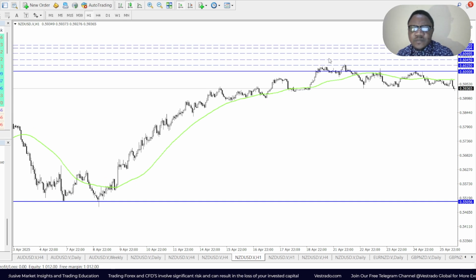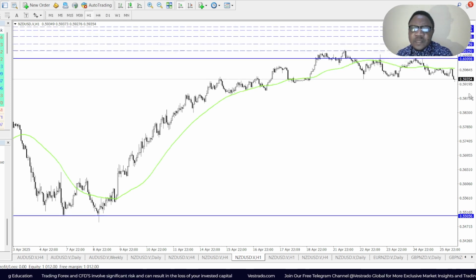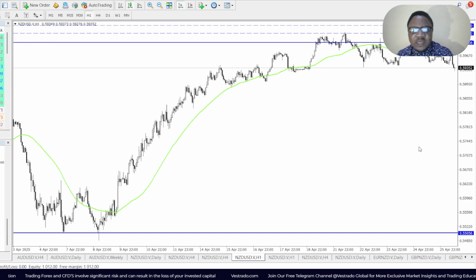Of course, because of how choppy the market is, I don't expect price to go so high up. Now, my take on the NZD USD, I am bearish in the short term. I'm looking for bearish signals in the short term. It looks bullish, but because of reversal patterns and the possibility of the US-China trade deal, I favor bearish positions more on this guy.